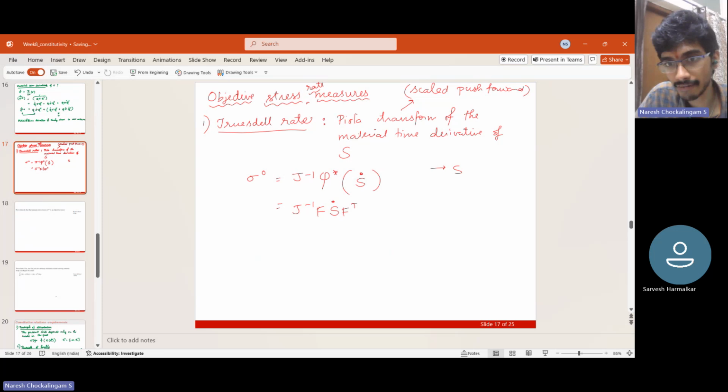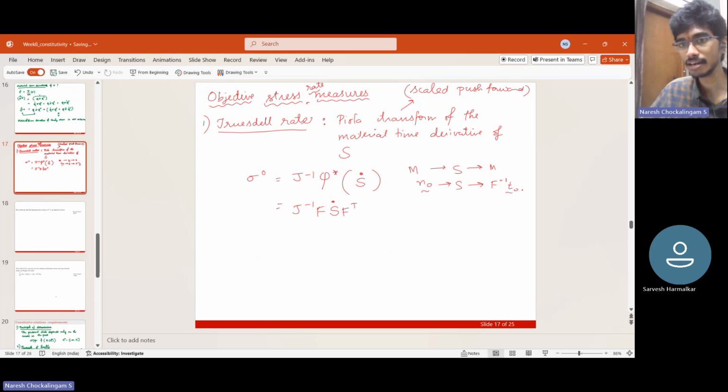So remember, S takes in a material vector and returns another material vector, right? So S takes in the normal in the reference configuration and it returns the pullback of the traction vector. So it returns F inverse T naught. So it returns a material vector. So F takes a material vector and returns a spatial vector. So F inverse takes a spatial vector, which is the traction T naught, and returns a material vector, which is F inverse T naught. So if you have to transform this stress, you need to get a quantity which takes in a spatial vector and returns a spatial vector.